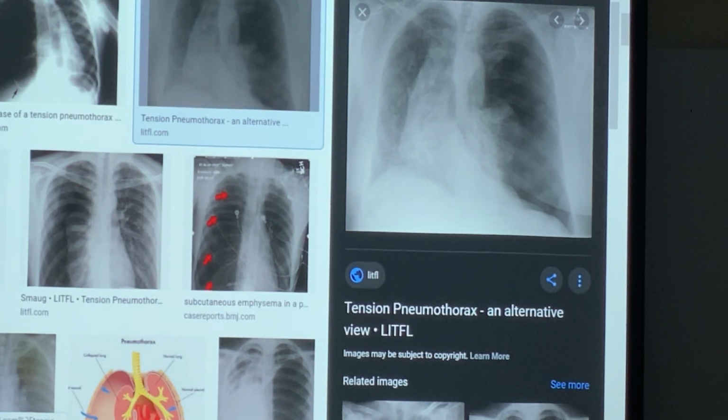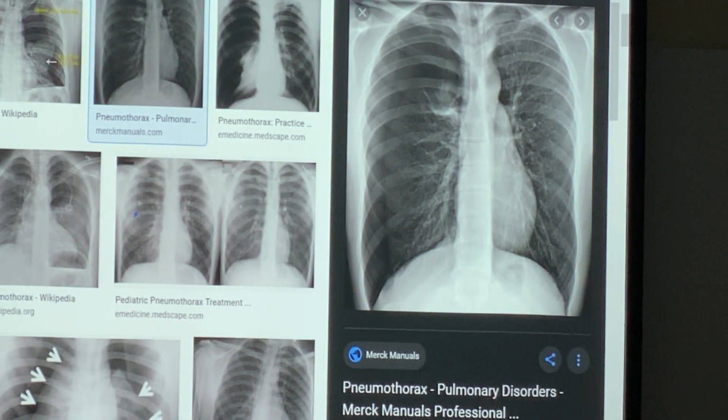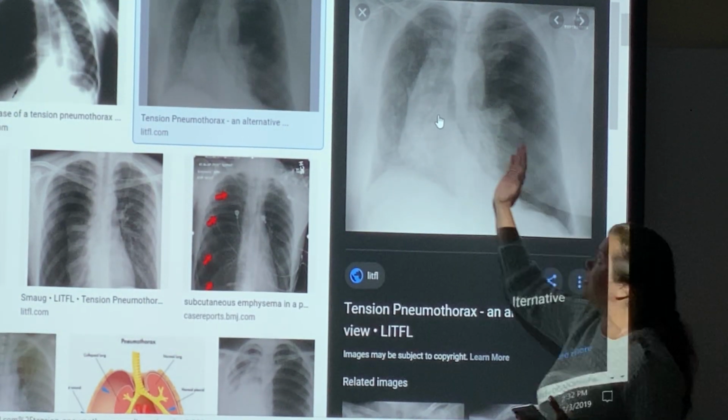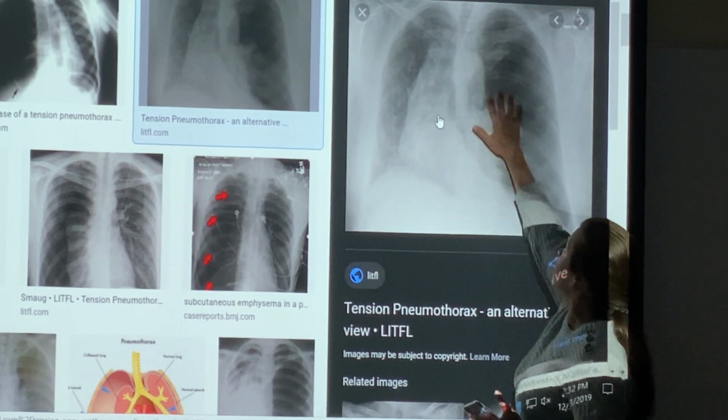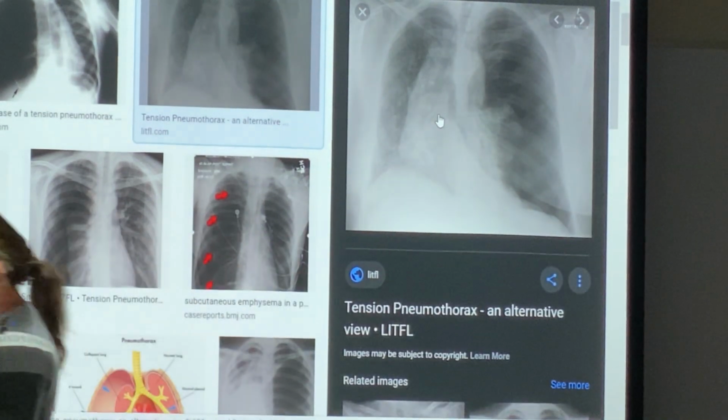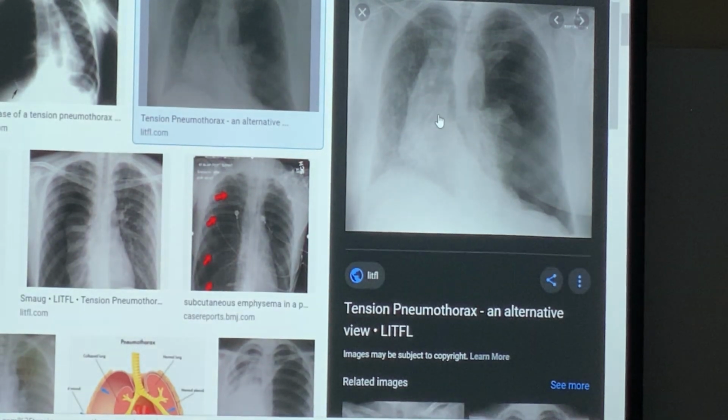Now, if you compare that one with this one, look at the deviation to the contrary. So if the mediastinum is deviated to this side, this should be the area of pneumothorax, right?